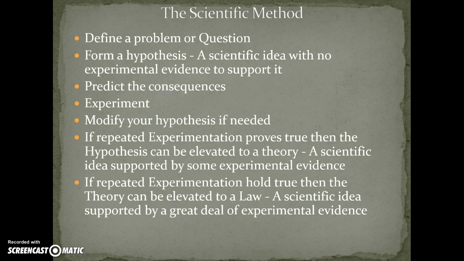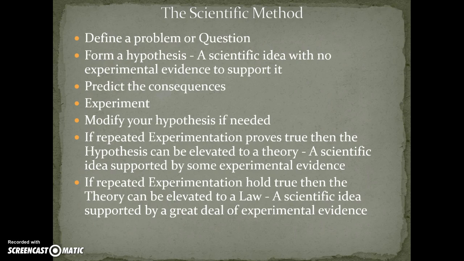Now, it is possible for something to be elevated to a law, and we say this is the law of whatever, and we find out later, maybe 100 years go by, and because of new knowledge or new technology that we have and abilities to test or experiment with something, we find out, oh, wait a minute, what we once thought about this, maybe most of it is true, but there are some exceptions to it, and so it's not a universal law, or maybe it's not true in these situations.